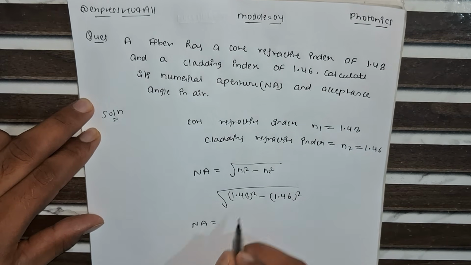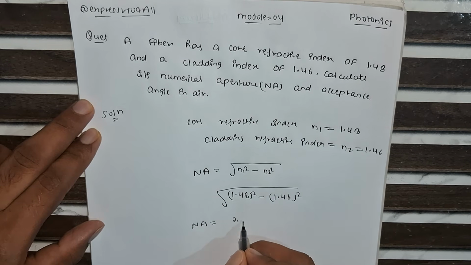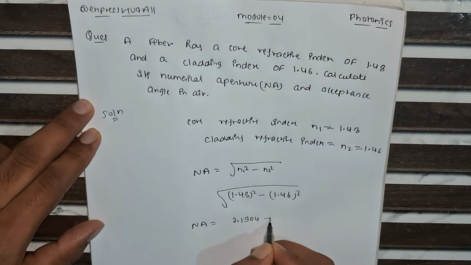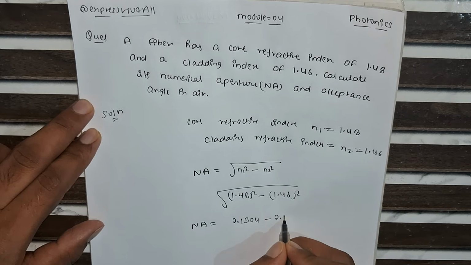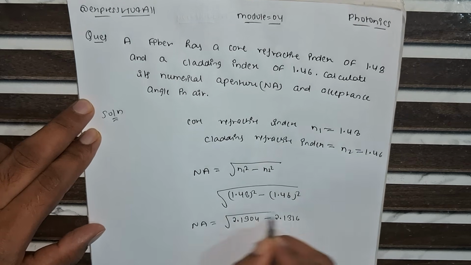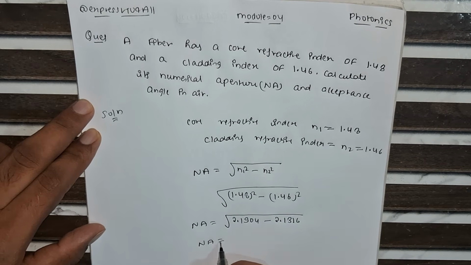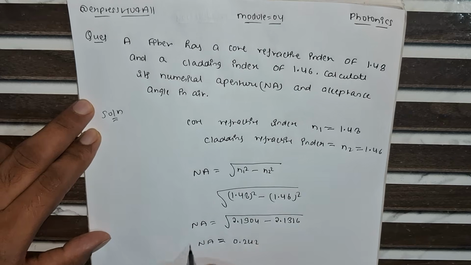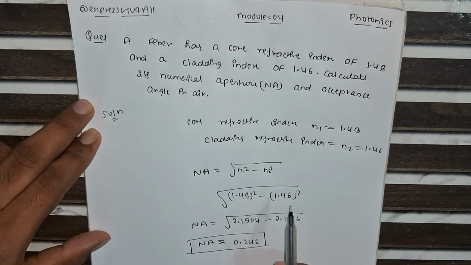So NA equals the square root of 2.1904 minus 2.1316. When you solve, you will get nearly 0.242. So this is our numerical aperture for the core and cladding refractive indices.